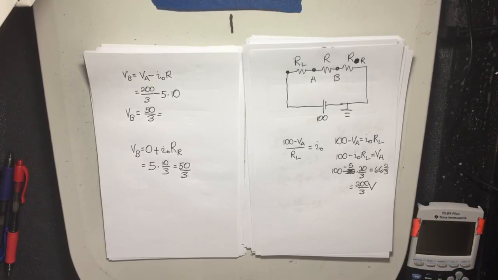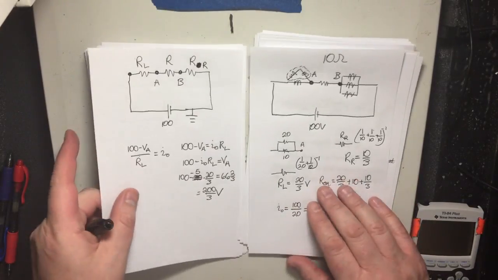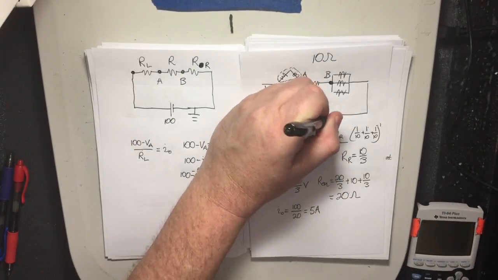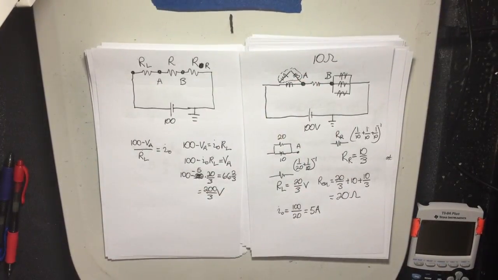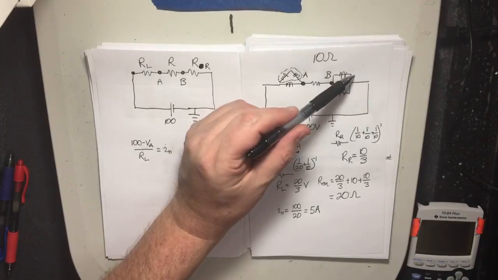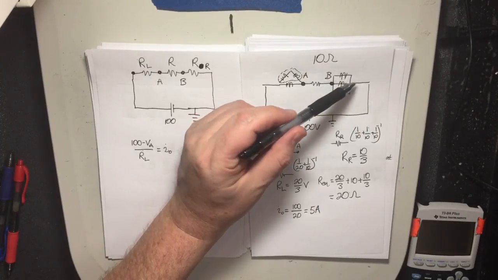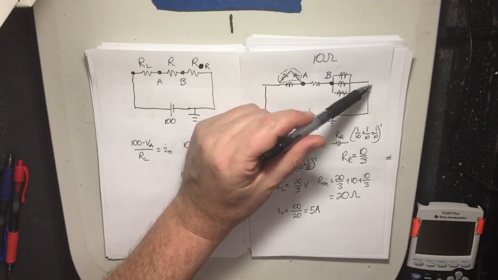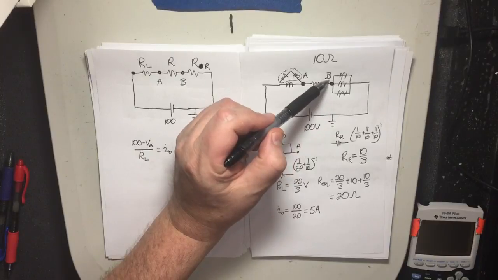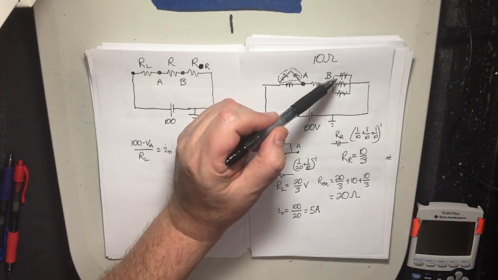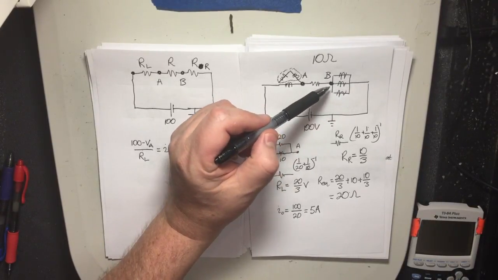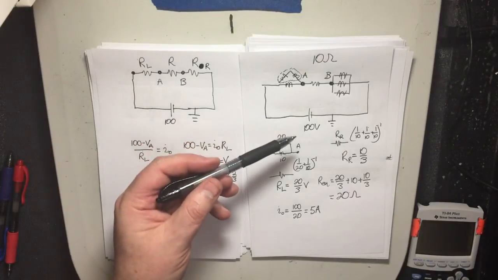Yes? Can you put up the original circuit for me? So if you wanted the potential on like the resistor set to the right on the very top, would you have to use a different current other than I naught? So we're talking about the potential difference across there. Yes. Now, for a potential difference across there, these wires are all connected, so they're all at ground. These wires are all connected, so it's potential at B. So the potential difference across that resistor is VB minus ground, or just VB.